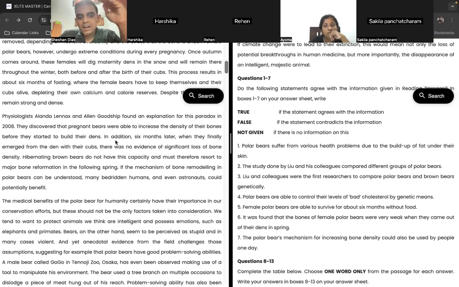But answers are always in order for true, false, and not given type questions. There are only two question types where answers are not in order. Number one is matching information. For matching information, answers are not in order.